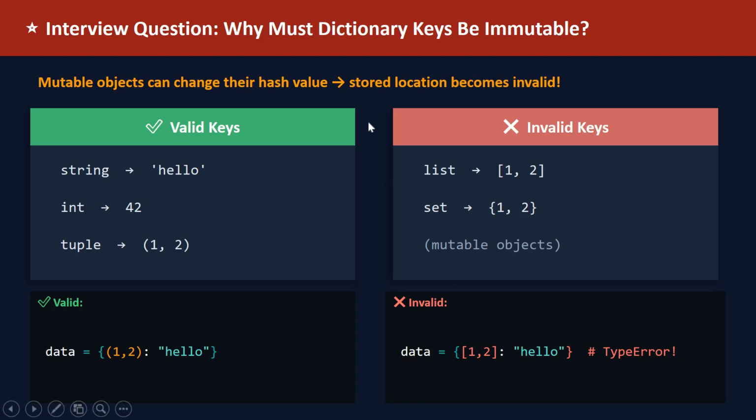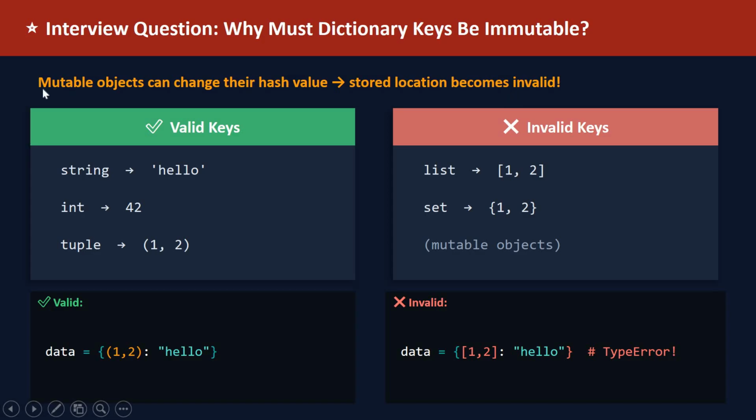Always remember that whenever we use a dictionary, for the key we must use an immutable data structure. A list may not be the right choice, and it is invalid, because a list is mutable. But if you go with a tuple, with parentheses, that is the right choice, because tuples are immutable. If a mutable object could change, its hash value would change and the storage location would become invalid. That is the reason.